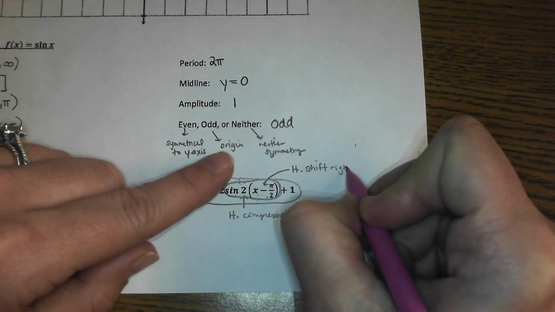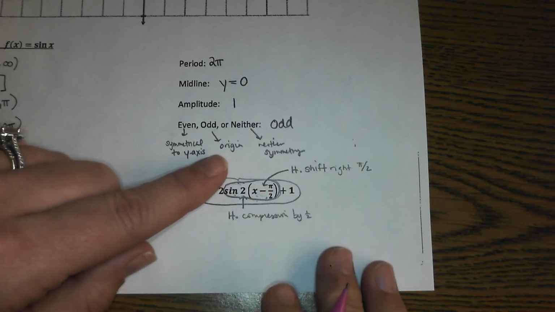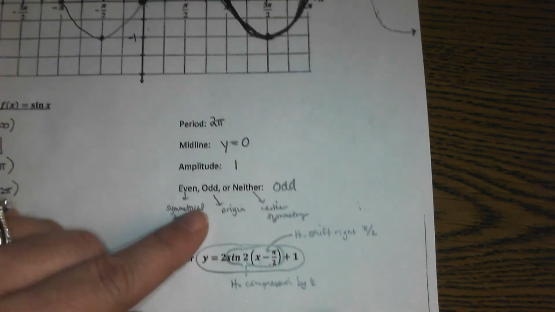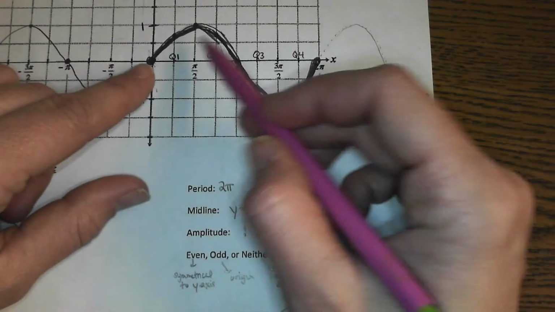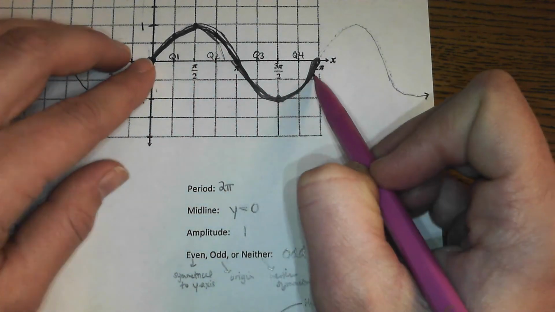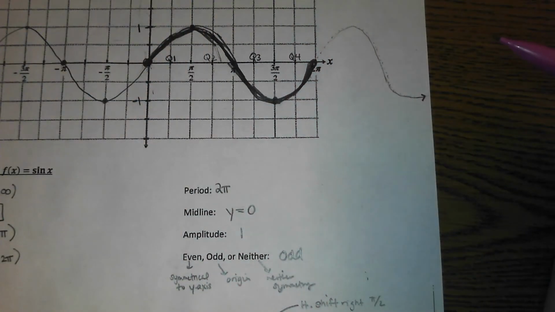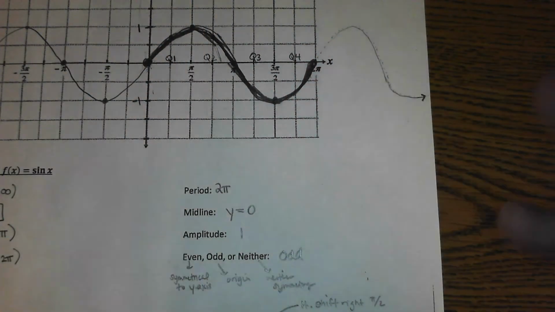Right, pi over 2. So what that would look like is, rather than starting at 0, this main image would just be sliding over and actually starting at pi over 2. And would continue on from there.